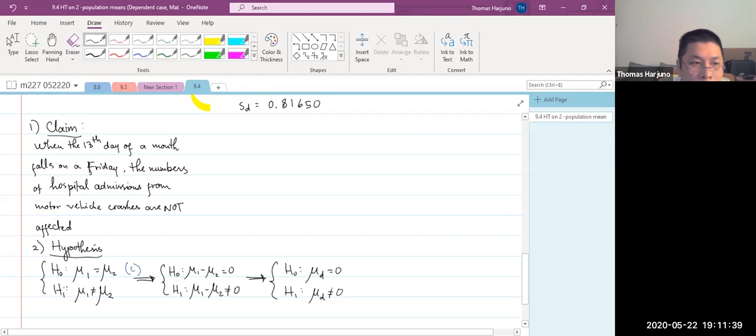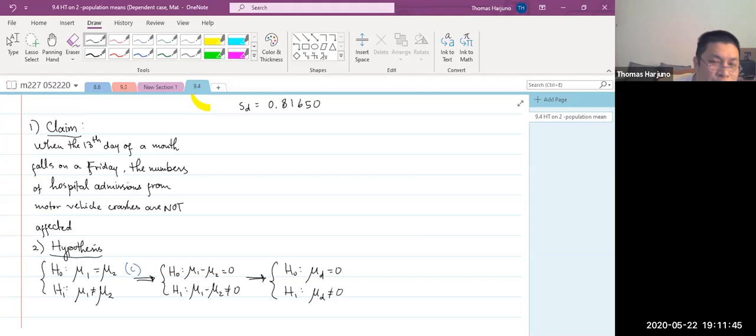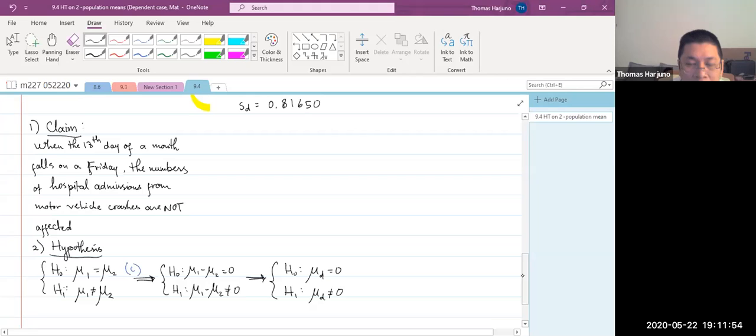Even though it's two population parameters, because we can match them, it becomes a single parameter. The parameter we are dealing with is the mean of the differences.